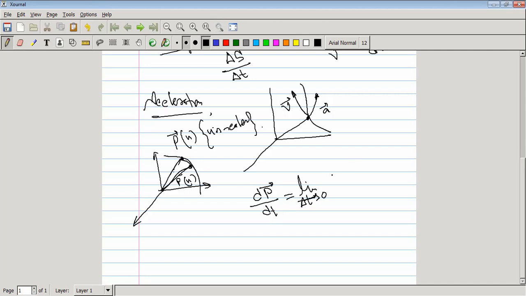If it is p of u at the starting position, after a certain time we can write p of u plus del u, right? After a del t interval: p of u plus del u minus p of u, divided by del t. Or we can write del p by del t, final minus initial by del t.